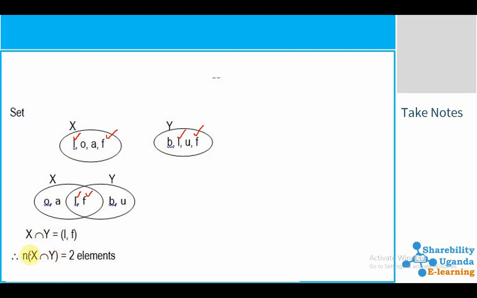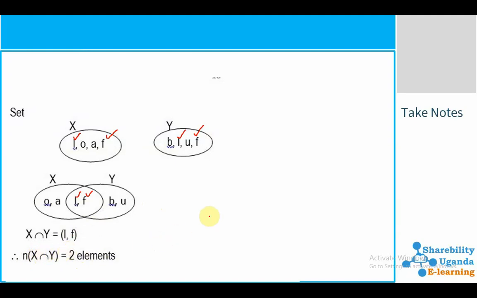So the number of members of X which are common with Y is equal to 2. We just count them. We say 1, we say 2, they are over. So the number of X intersection Y is equal to 2.